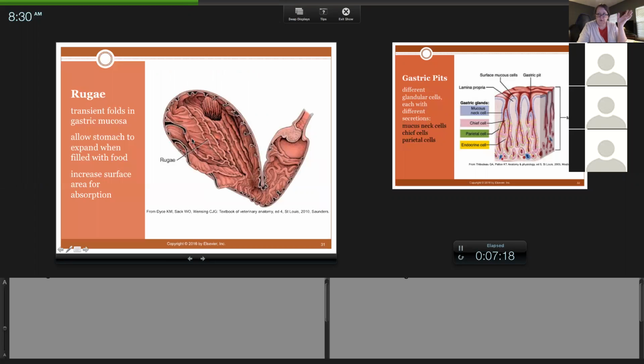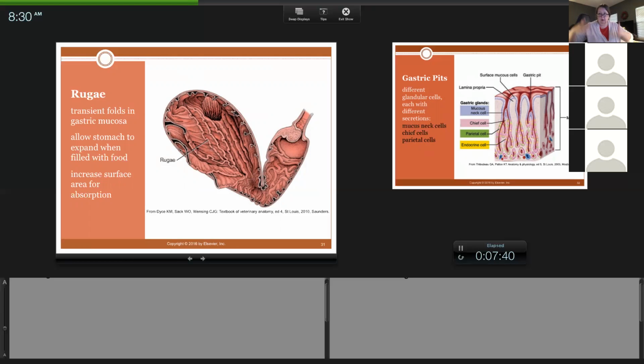The stomach has folds called rugae, and what they do is allow the stomach to stretch. If you look at an empty stomach on an x-ray, it'll look like a little ball, but it looks like it has wrinkles. It's like taking your t-shirt and rolling it up in a ball, and you've got all those little wrinkles, and then you pull it out and it stretches.